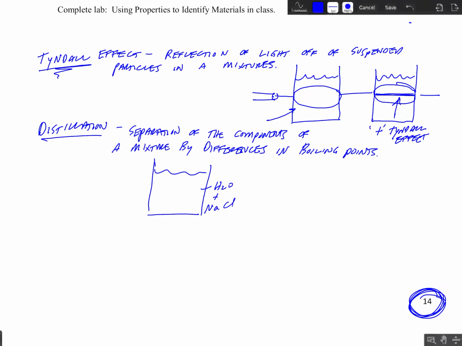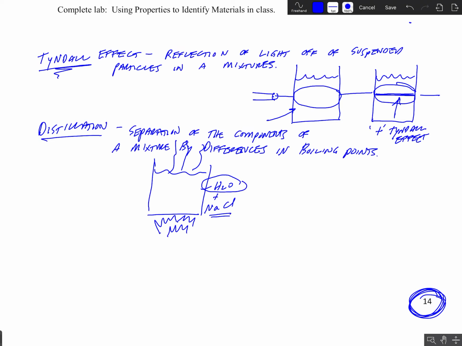and let's put some sodium chloride, some table salt in there. You all know that when you put salt in water, the salt dissolves in the water. It can't be filtered. We can't separate the water from the salt by filtration. However, what if I were to put some heat to this beaker? What if I were to put it over a stove top or a Bunsen burner flame and get it really hot? Wouldn't the water begin to boil and turn into a gas?